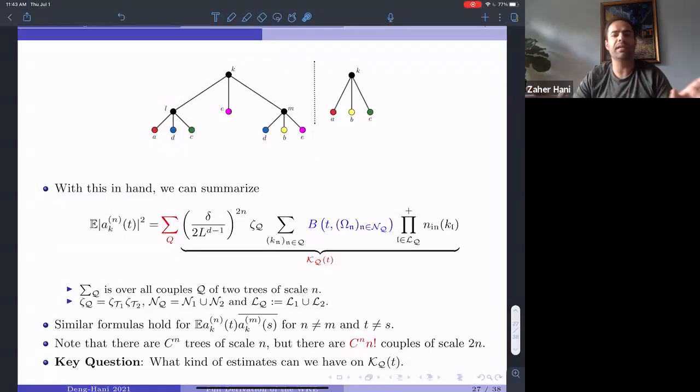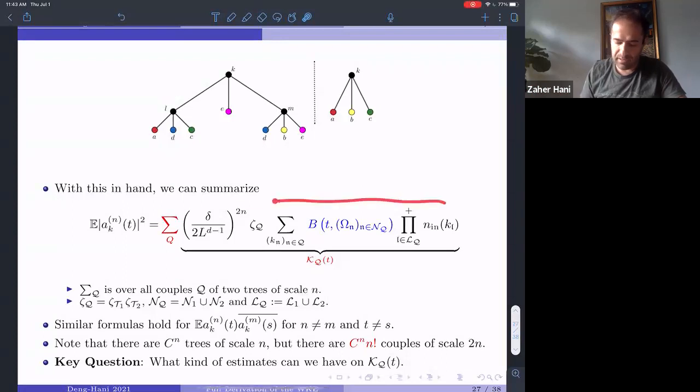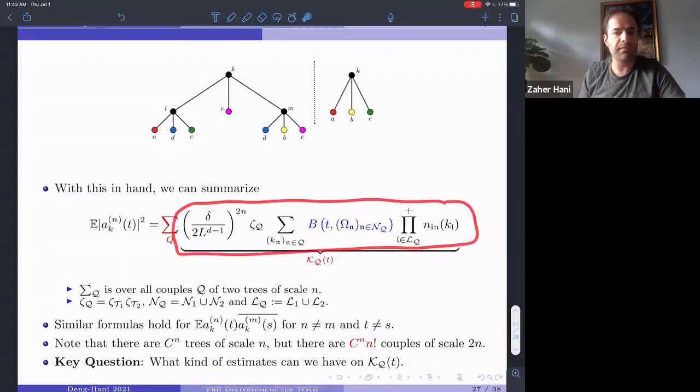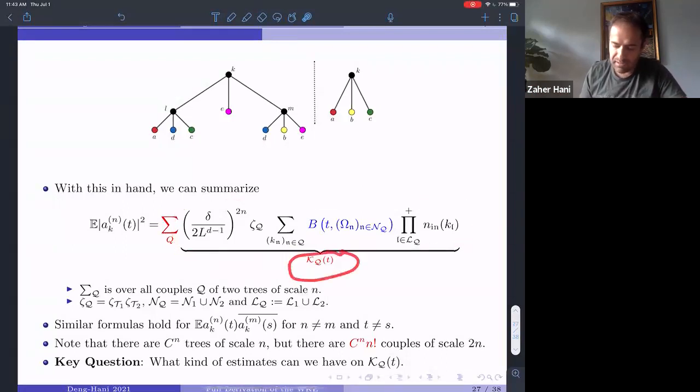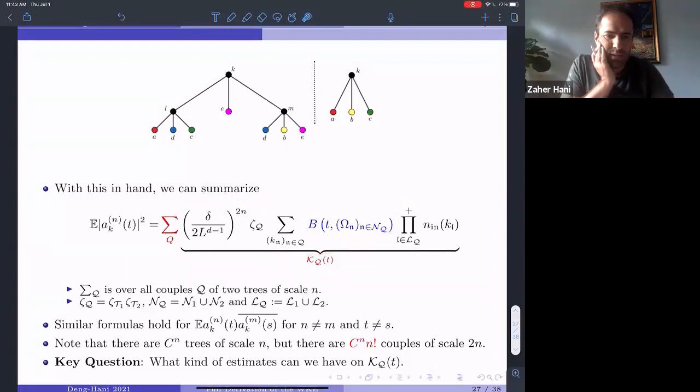So you take two trees of scale n and you form a couple Q, and this is the same expression that we derived on the previous slide. We will call this expression for the couple K sub Q. So in summary, the expected value of the nth iterate squared is given by the sum over all couples of K sub Q.